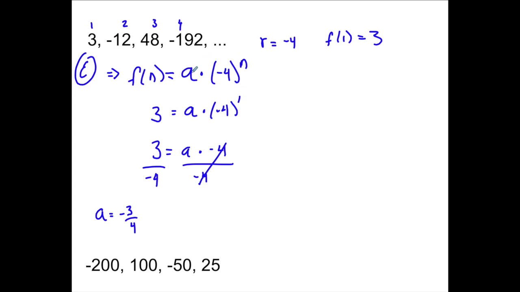The a, by making it negative 3/4, ensures that when I plug in 1, what comes out is 3. And once I get the first term correct, then the rest of the terms will follow because it's consistently being multiplied by the same number. So my final explicit rule is f of n equals negative 3/4 times negative 4 to the n.